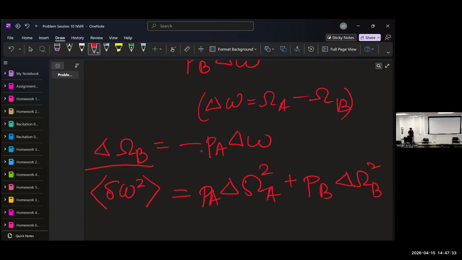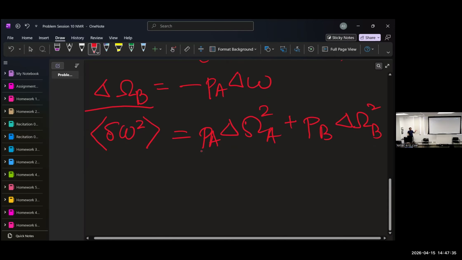you have to weight each site by its relative population in that square. Because variance again is mean square deviation. So delta omega squared is square deviation, and when you take mean square deviation, you weight it by the corresponding probability in order to get the variance.